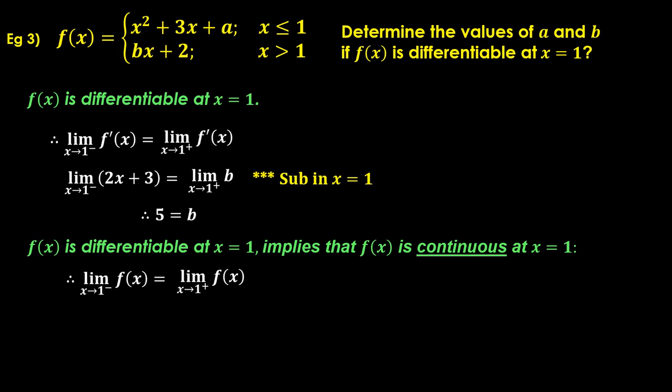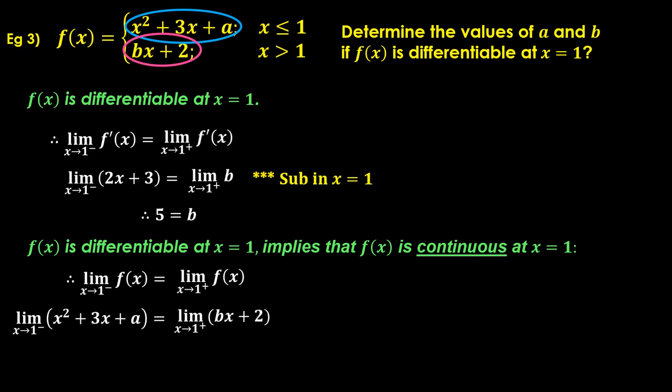So in the first part of the answer, we dealt with the derivative, and now we're dealing with f of x. So if we look at the left-hand side, it implies that x squared plus 3x plus a is equal to bx plus 2, or the limits in those points. So how can we take it one step further?